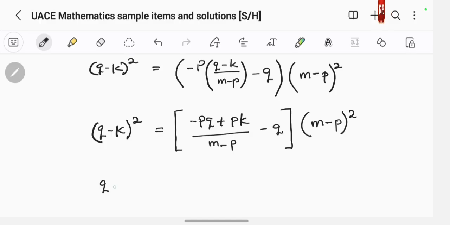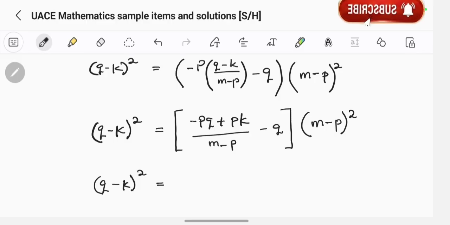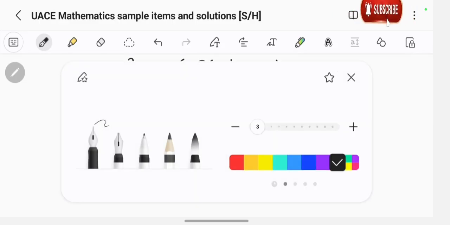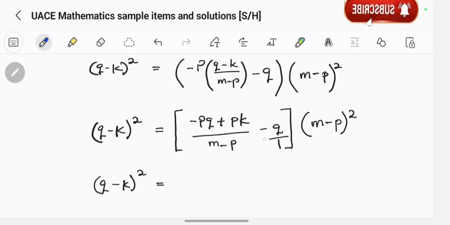So it's going to be q minus k squared is equal to, when I make this a fraction, it's going to be q divided by 1, and then I cross multiply. I multiply that up and I multiply this with q.